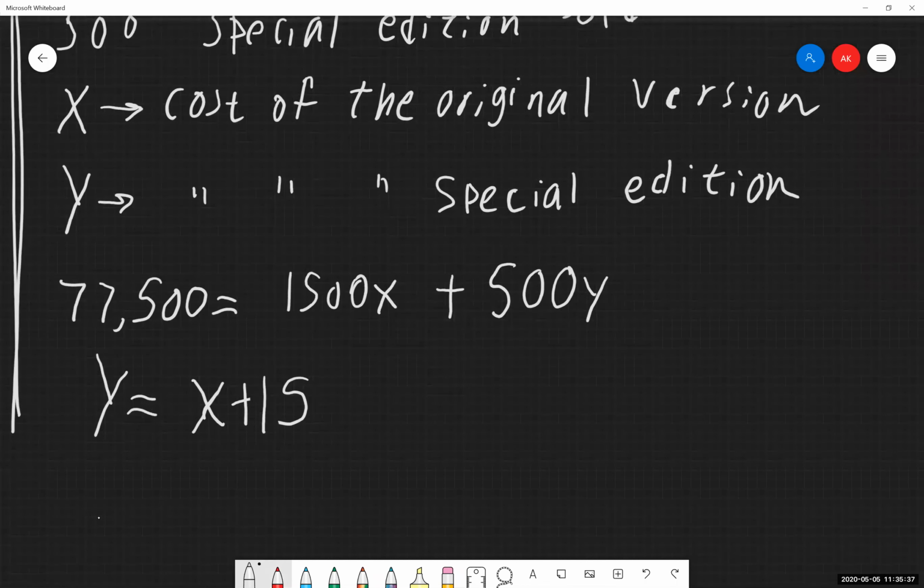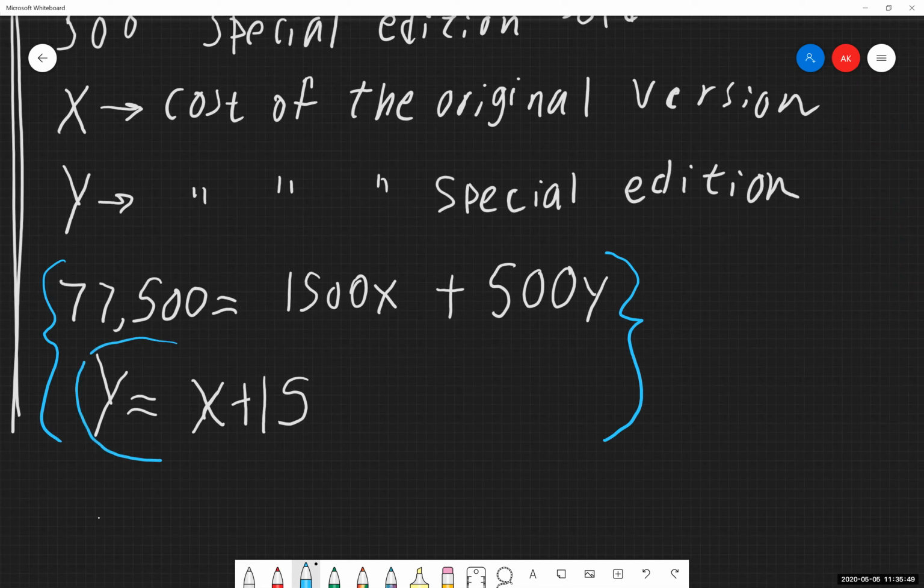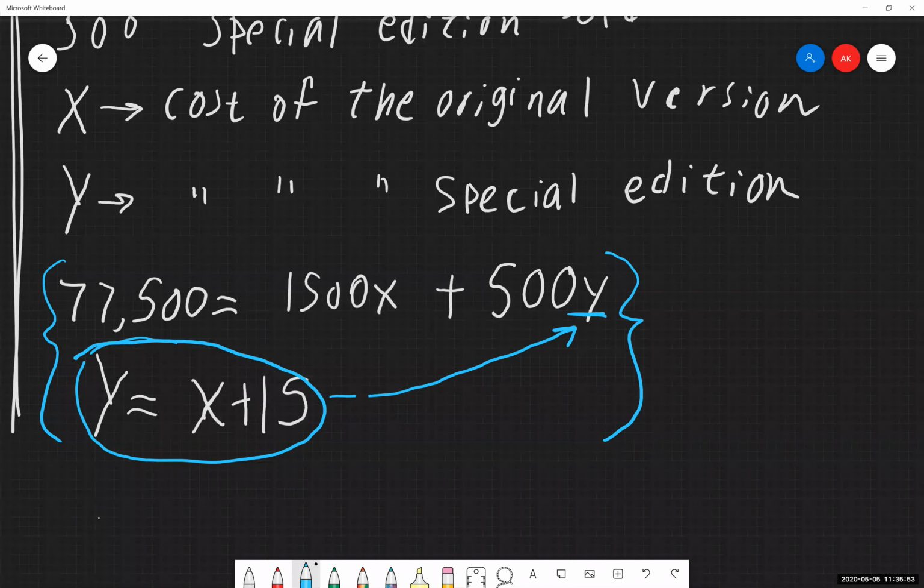So now we have our two equations that we could potentially be using in this. And the bigger kicker here is that we can substitute what we just made in for y in the other equation. That's going to make everything all in terms of x.